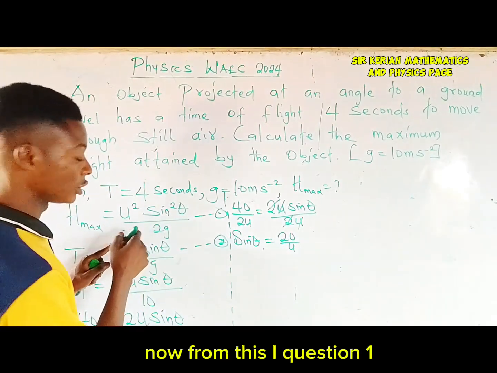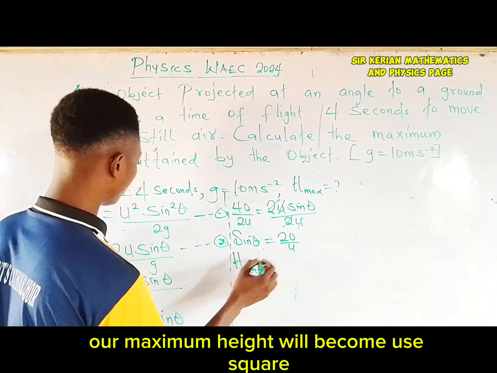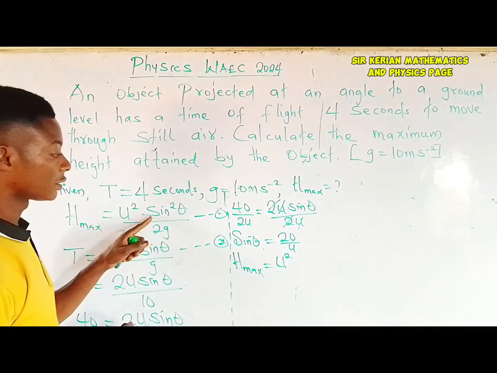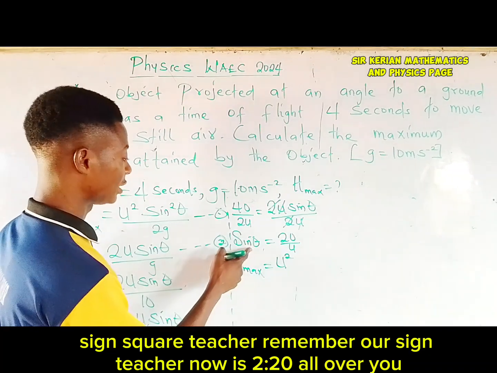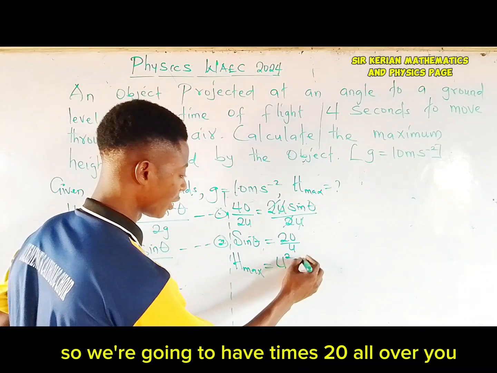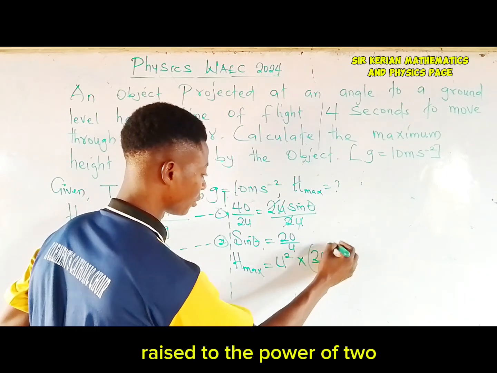Now, from equation 1, our maximum height will become u squared sine squared theta. Remember, our sine theta now is 20 all over u. So we are going to have u squared times 20 all over u raised to the power of 2, all over 2g.